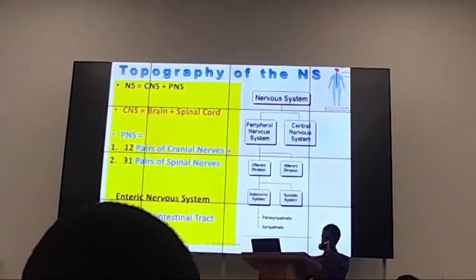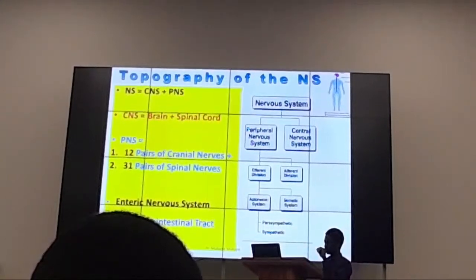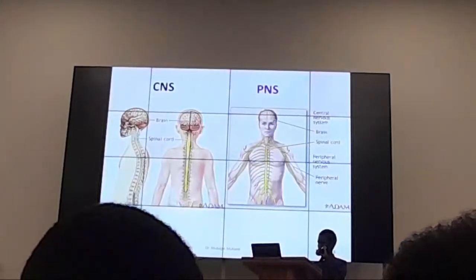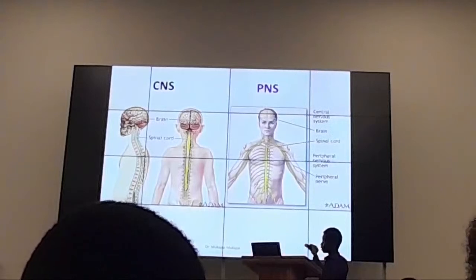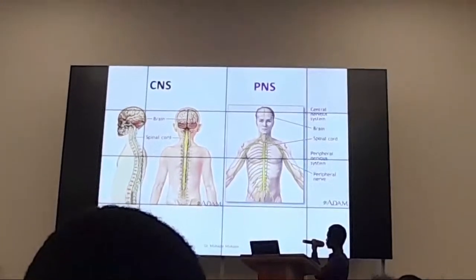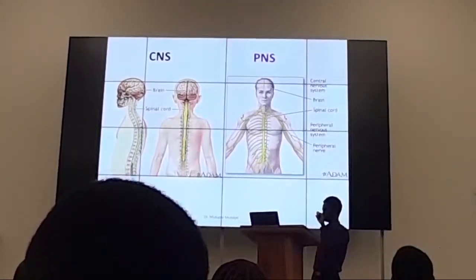We can see the enteric nervous system is independent. It's separate there for the GIT. Other pictures show the CNS, the brain and spinal cord, and then PNS to show the peripheral nerves.